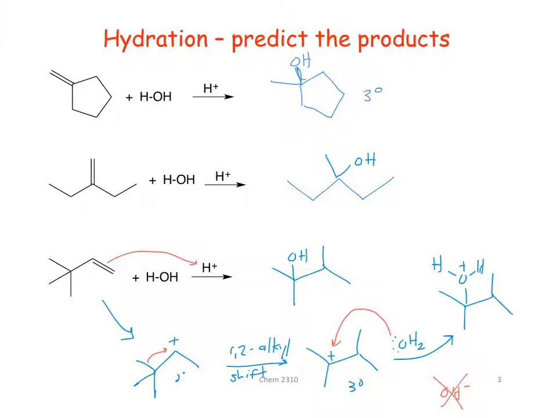The plus charge on the oxygen. And then we have one more step where we use a water molecule, which does an acid-base reaction with that to form our alcohol plus hydronium ion. All right? So the key thing here is we form a carbocation. It doesn't matter if it's an addition of HX or the addition of water. If we're forming a carbocation, then hydride and alkyl shifts can take place.